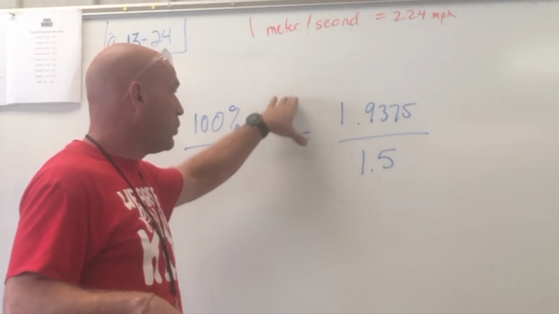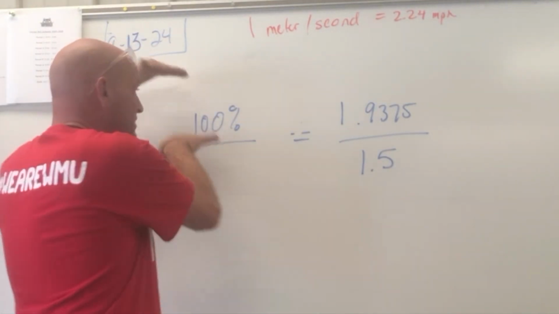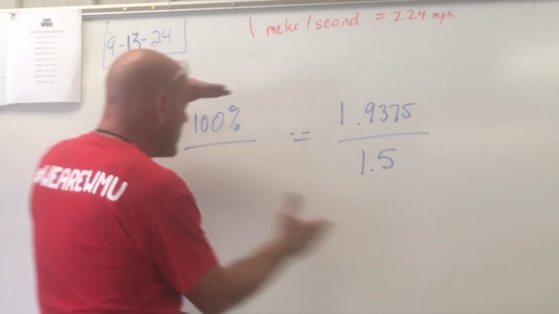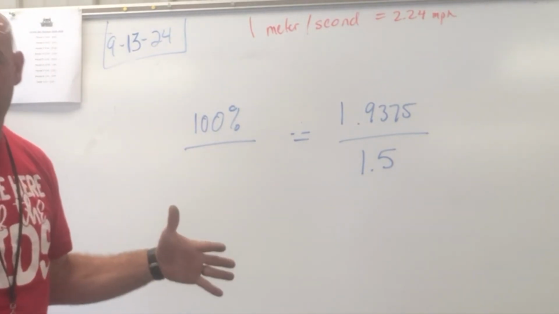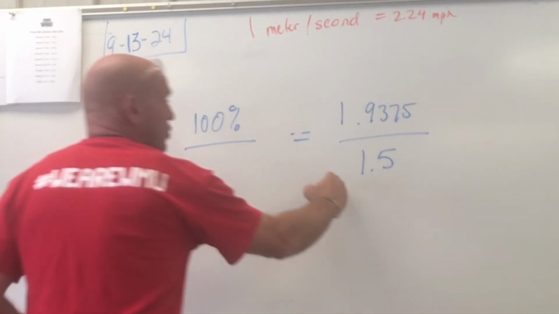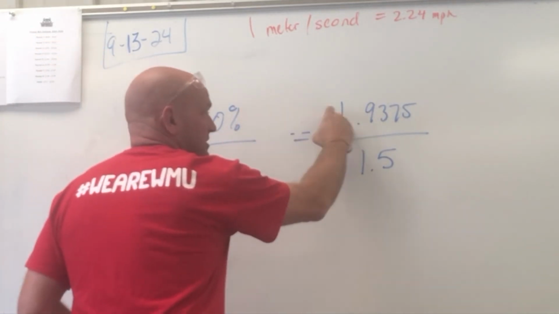So we want the proportion this equal to this, but we don't know this. We don't know what percentage this is. So the way we find that out is we cross multiply and then divide.